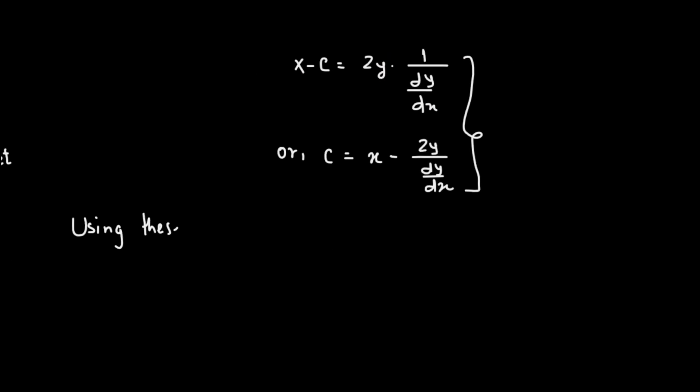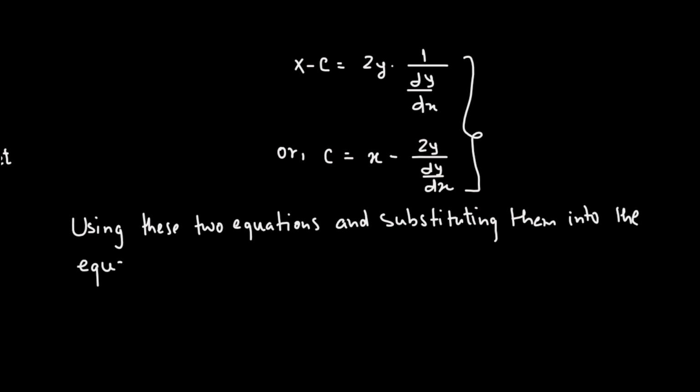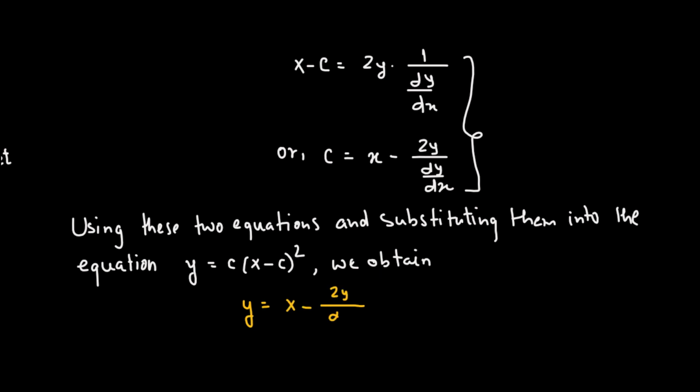Now using these two equations and substituting them into the equation y equals c times (x minus c) whole squared, we obtain y equals (x minus 2y divided by dy/dx) whole multiplied by (2y divided by dy/dx) whole squared.